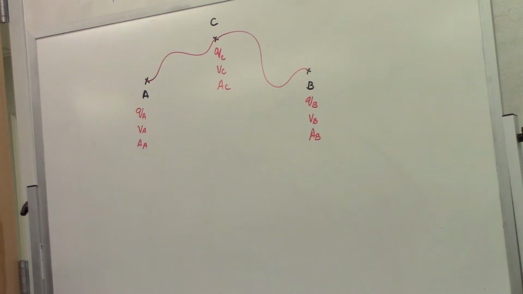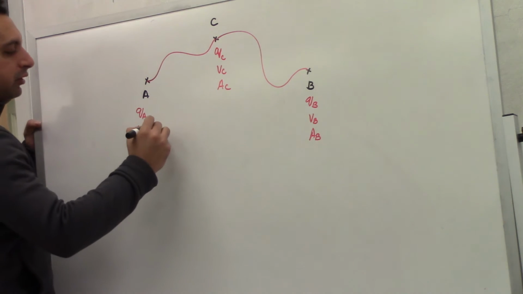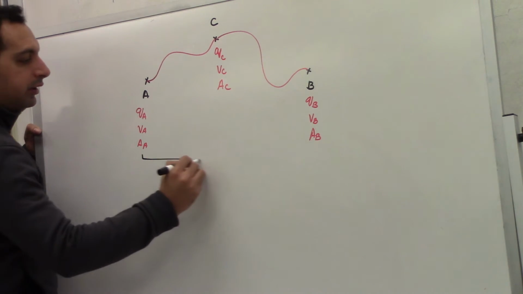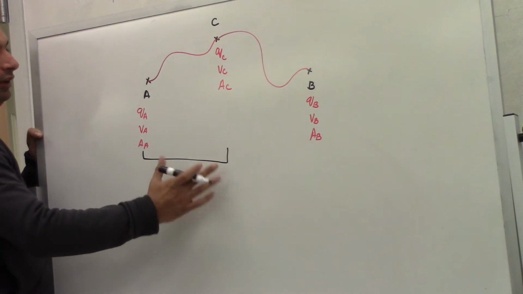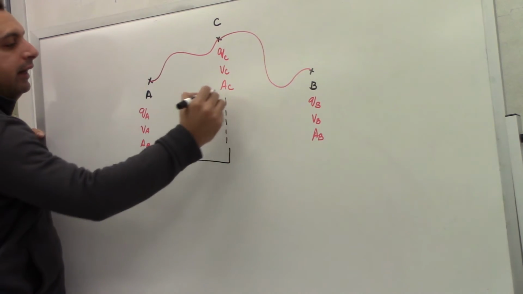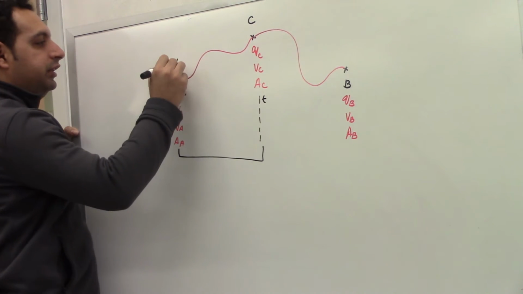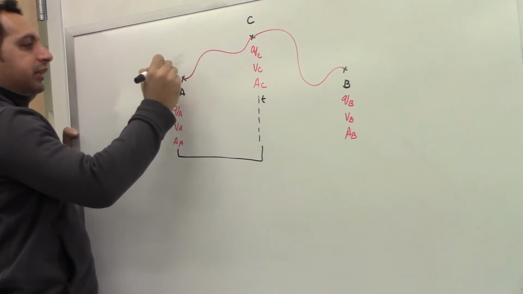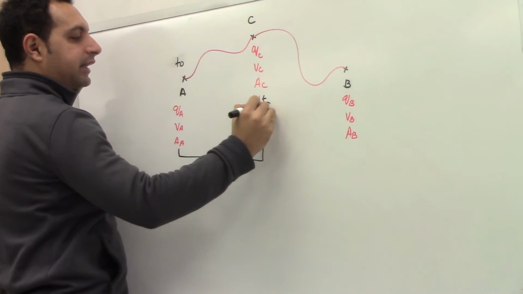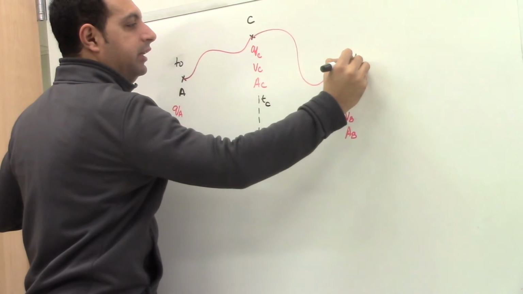So the first trajectory, you'll generate this as your initial. The first trajectory will be from here to here. Okay, this will be the first trajectory from A to C. And let's say this time is T0, or I'm going to call this as starting, we'll call it as T0. Time to be at C, and this is your final time, TF.